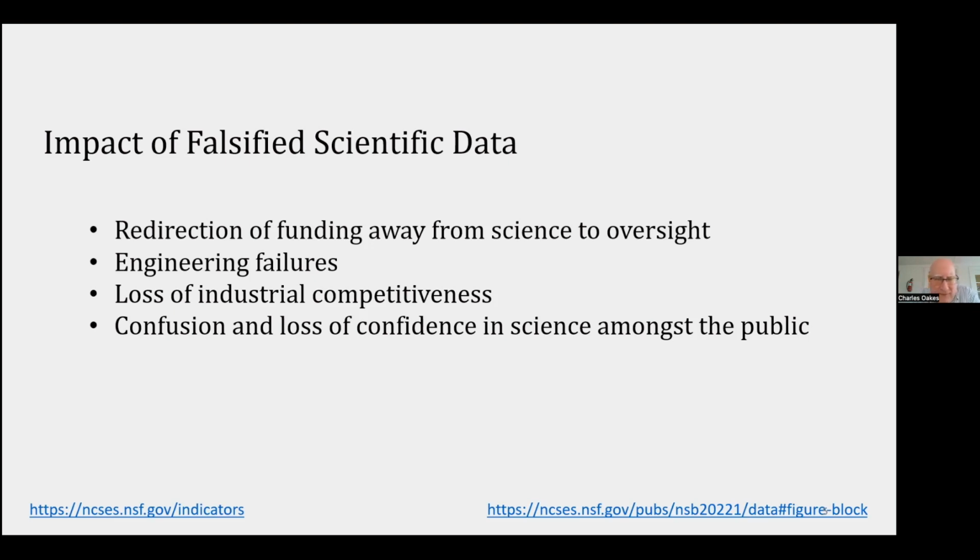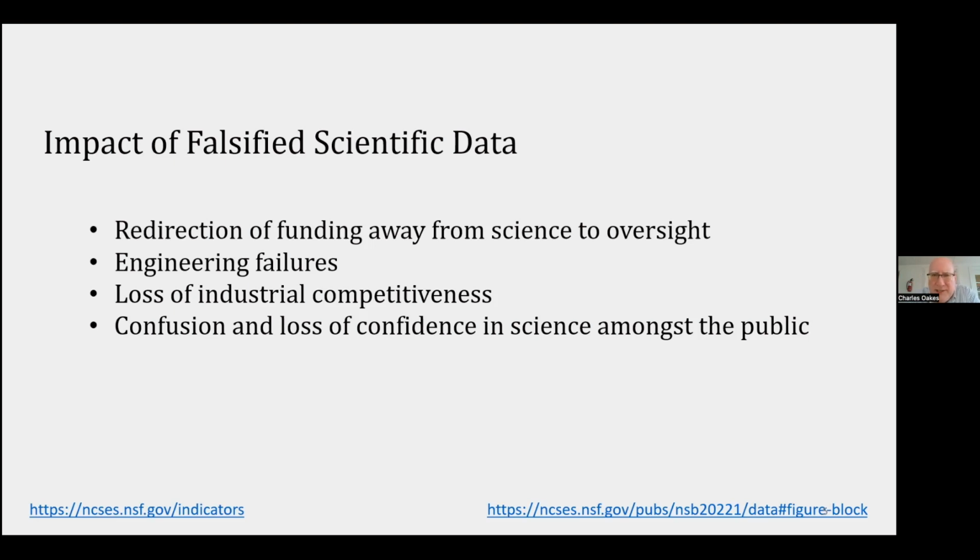And fraud in science is just like fraud in the banking industry or investment community. When it's found out, people start putting a lot of other funding towards oversight to make sure it doesn't happen again. Well, that's an additional cost that, again, is taking money away from science and scientists.